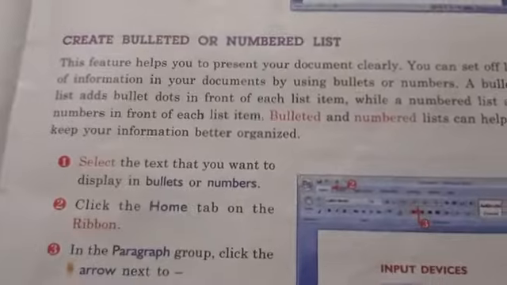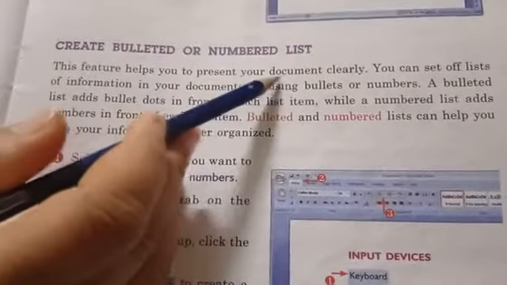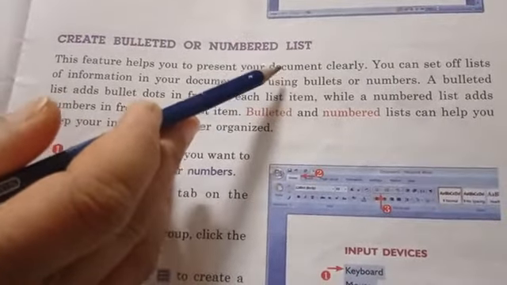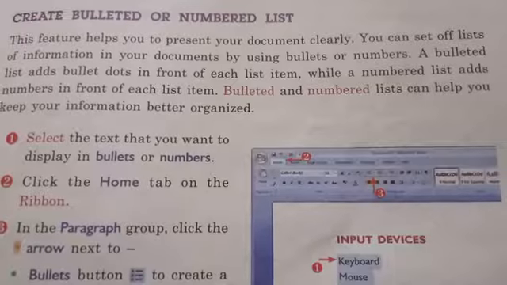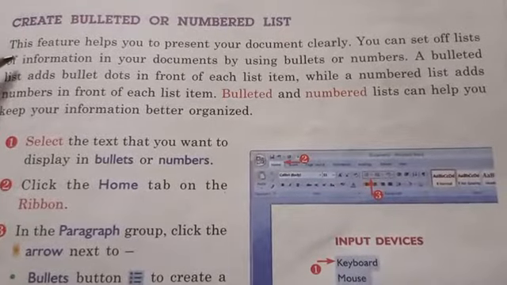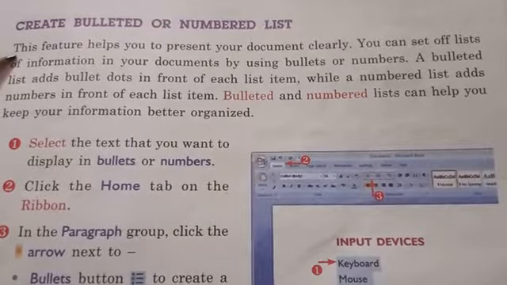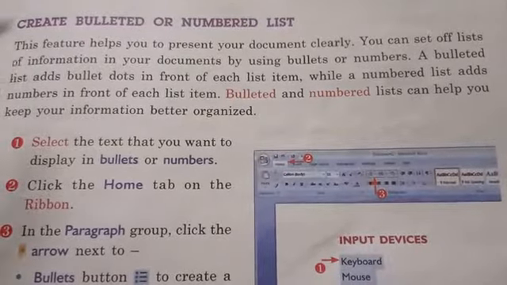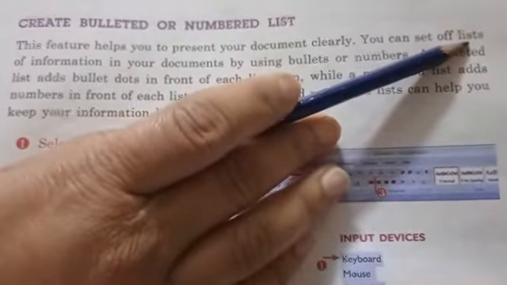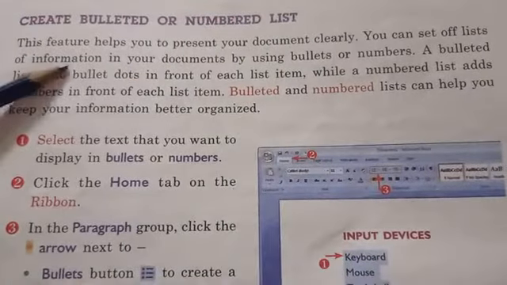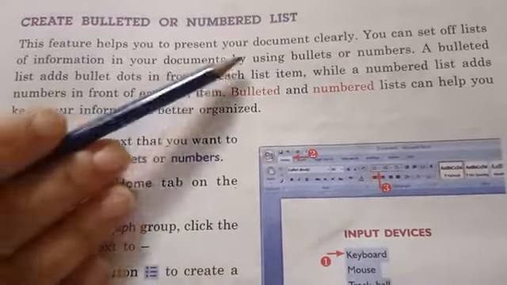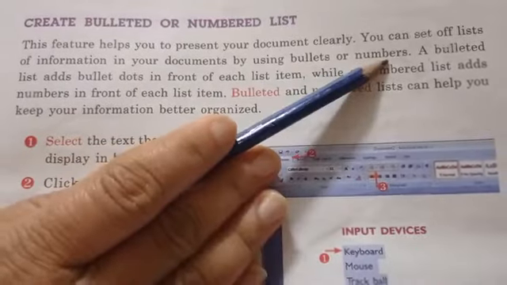Next is to create a bulleted or numbered list. Students, this feature helps you to present your document clearly. You can set lists of information in your document by using bullets or numbers.